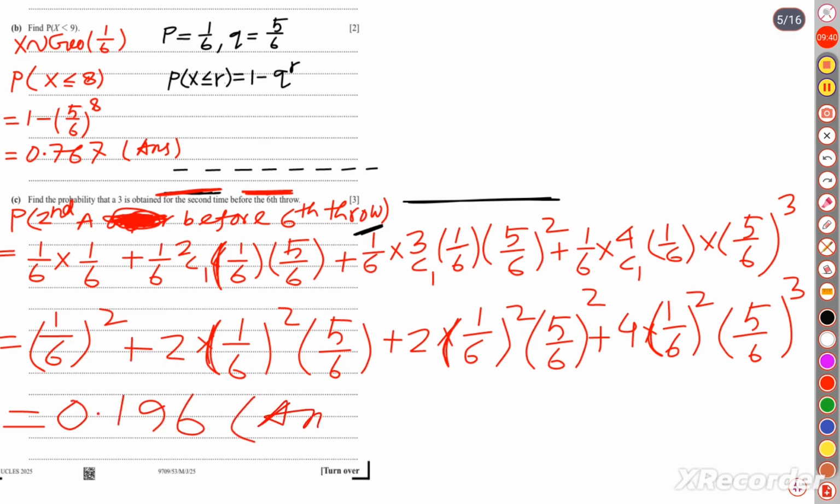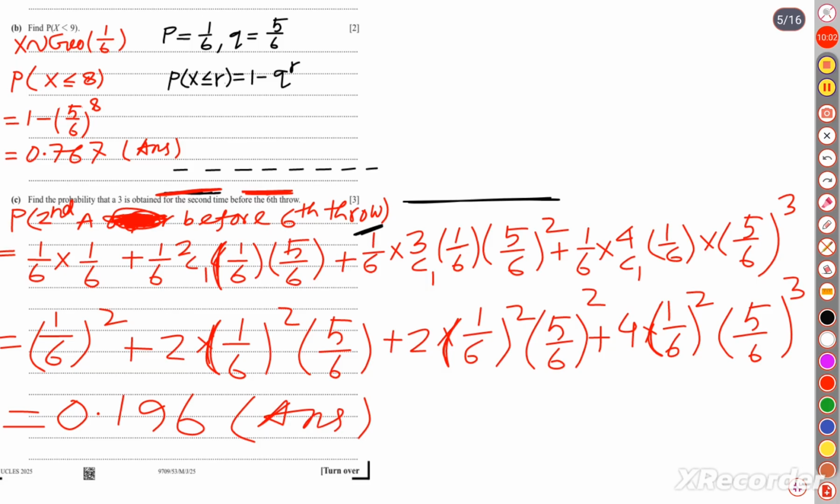And that's all about the topic of geometric distribution for the session May June 25. I believe that the third one is a little twisted, but I tried my level best to clarify this. So let's move on to the next topic of probability and distribution.